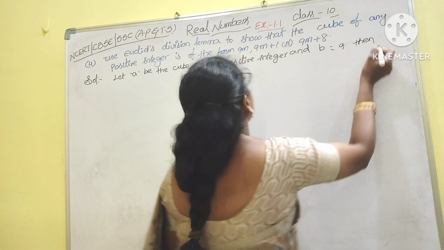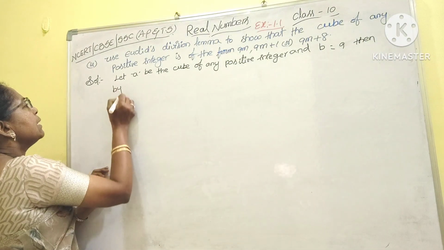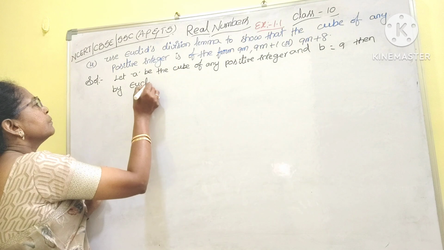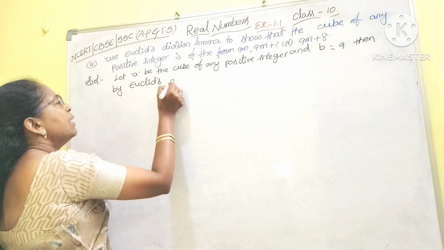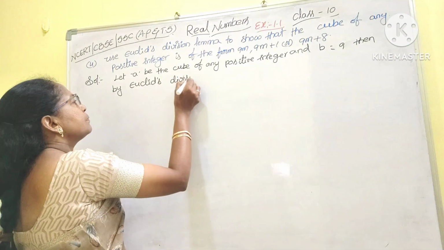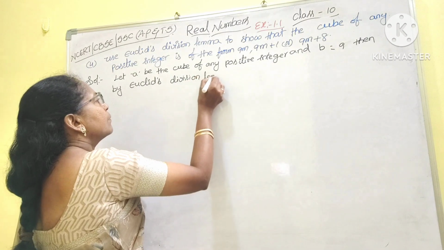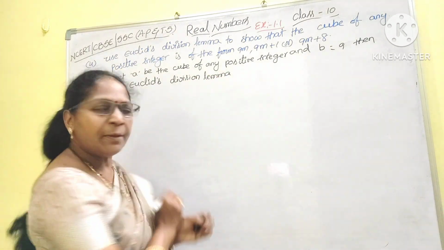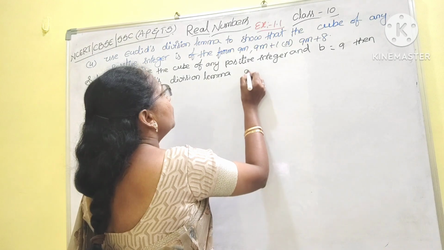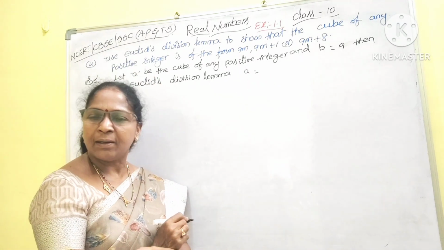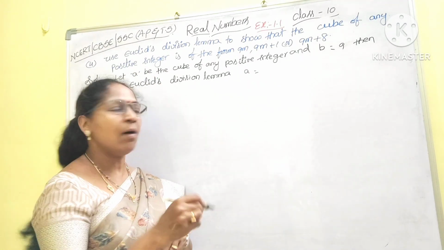Then by applying Euclid's division lemma, what does it become? A equals BQ plus R, that is the Euclid's division algorithm or division lemma.